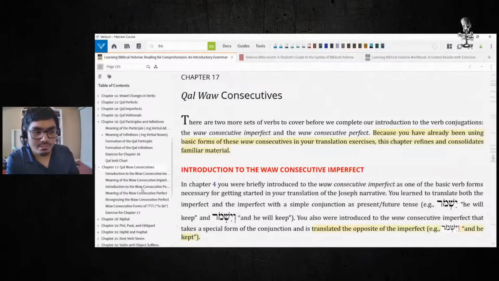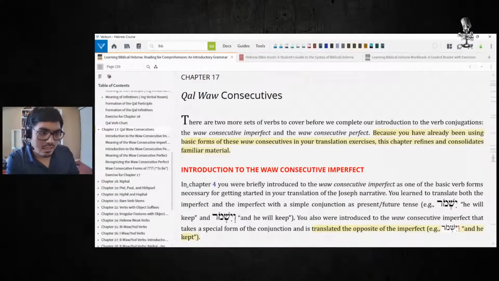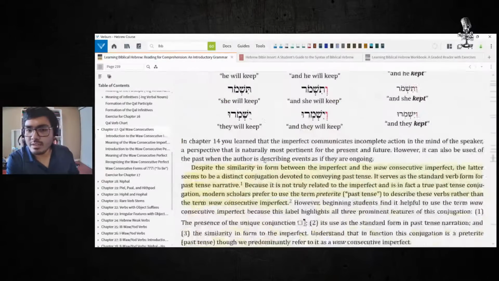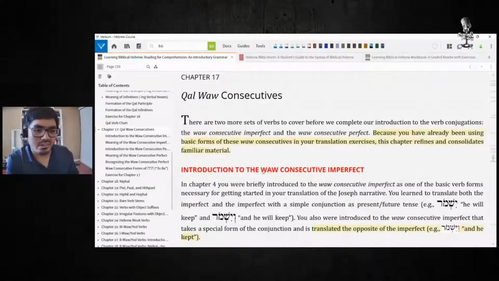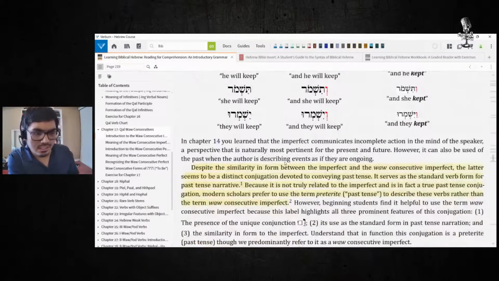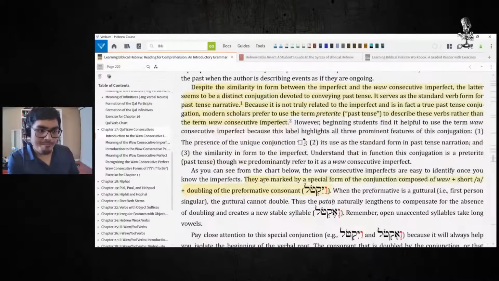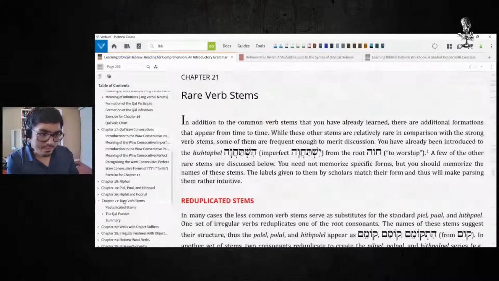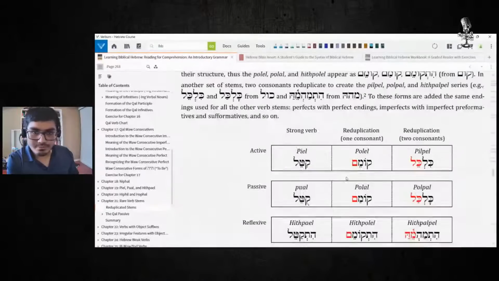There's, for example, the hitpalel form, which only ever gets used maybe 2 or 3 times throughout the Hebrew Bible. These are the binyanim that you need to learn, because they're the ones that occur relatively frequently in Hebrew. Actually, there is a chapter for rare verb stems, so we'll cover them, even if only briefly.